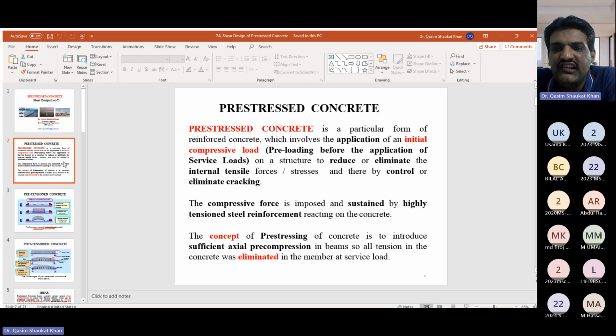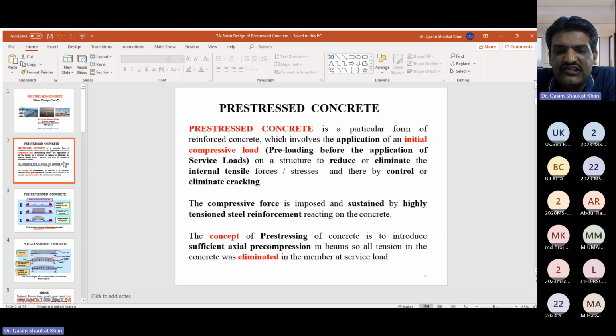Prestressed concrete involves the application of an initial compressive load, preloading before the application of service loads on a structure, to reduce or completely eliminate the internal tensile forces or stresses, thereby controlling or eliminating cracking.